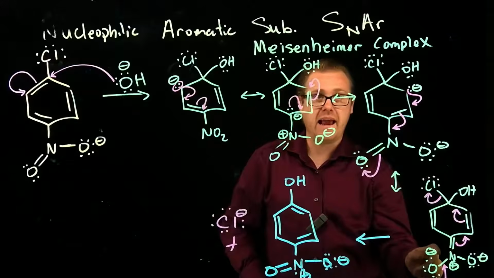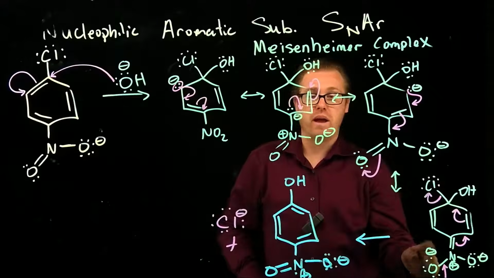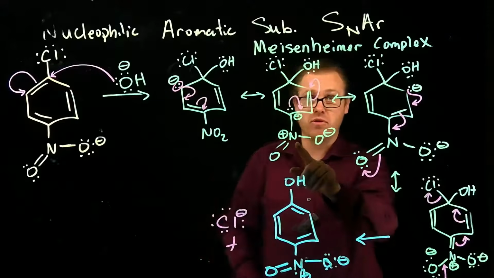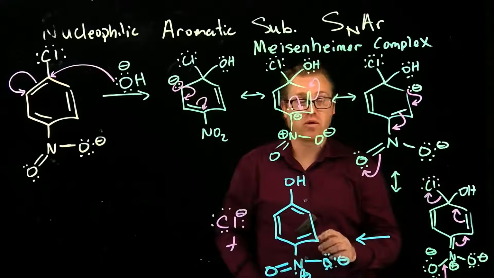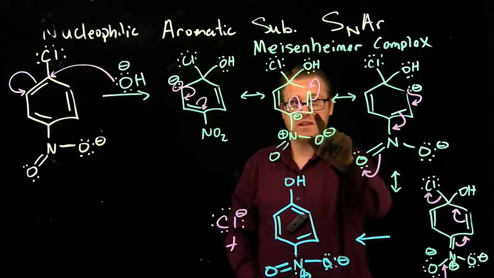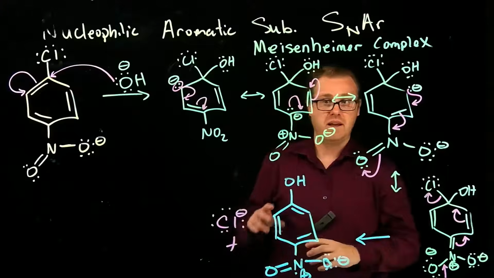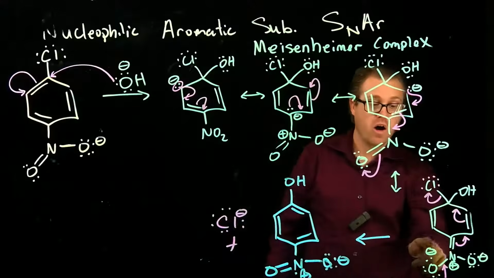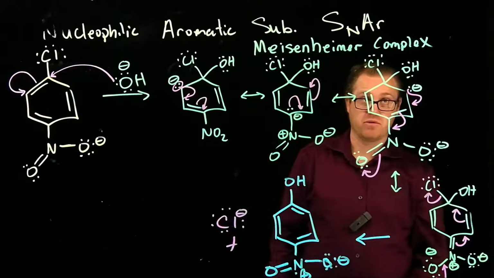And that can only happen when the electron withdrawing group is in the para and ortho positions. If you take that nitro group and stick it on the meta position, there's no way for the electron density to go onto the oxygen atom in the nitro group.